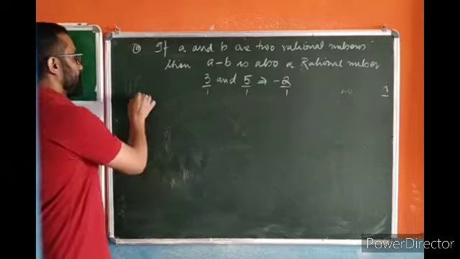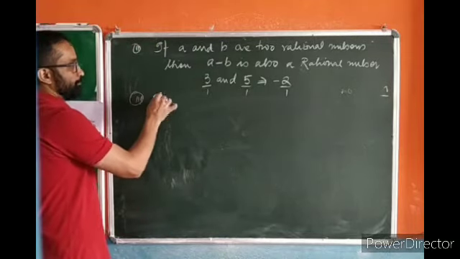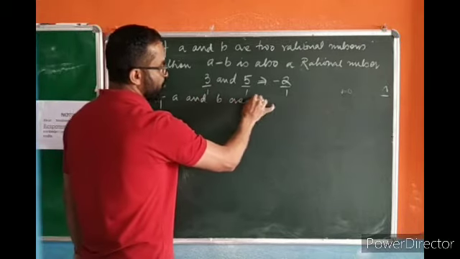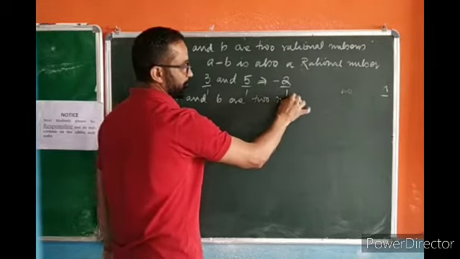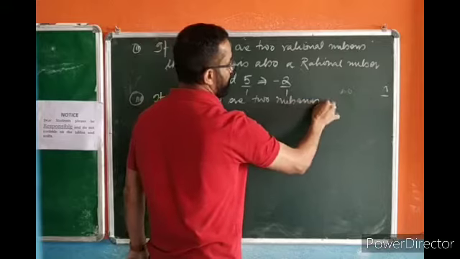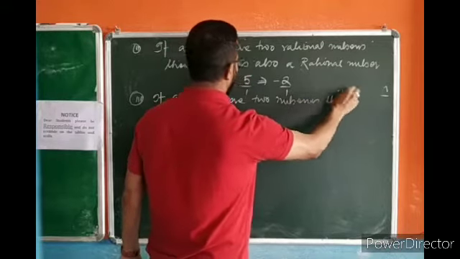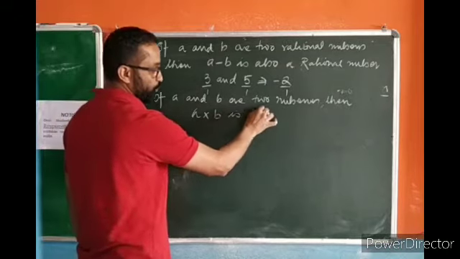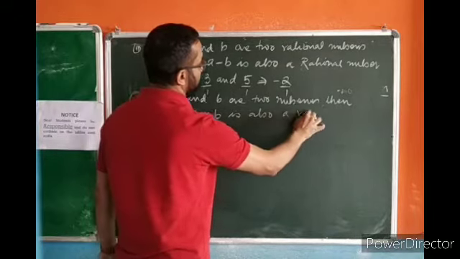Remember this. Third one, if A and B are two rational numbers, then A multiplied by B is also a rational number.